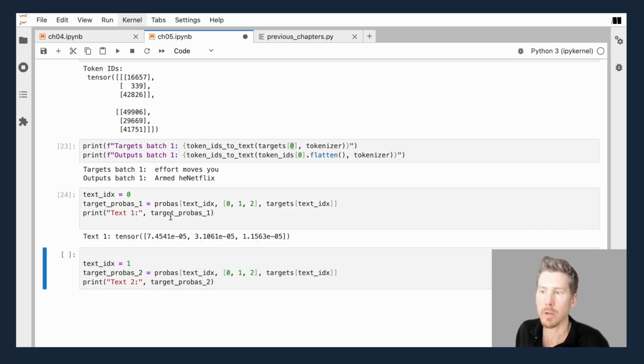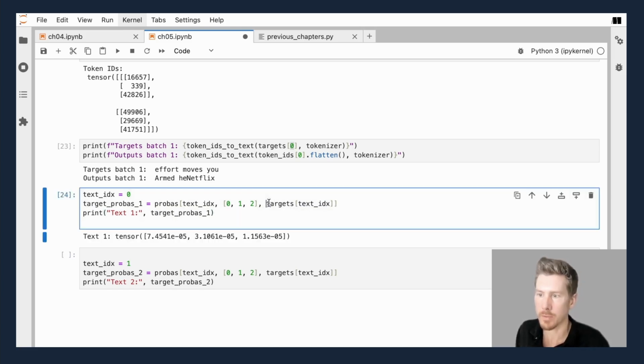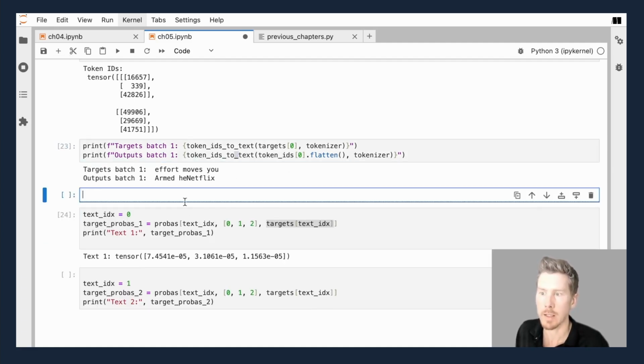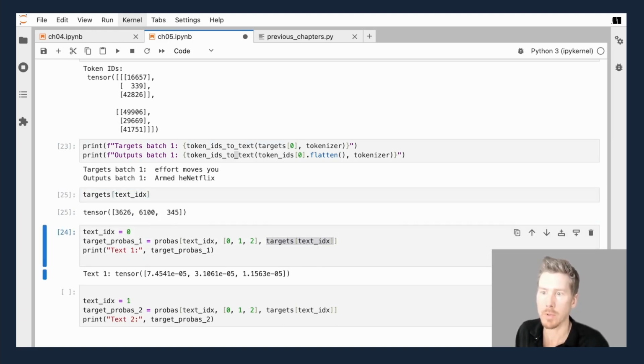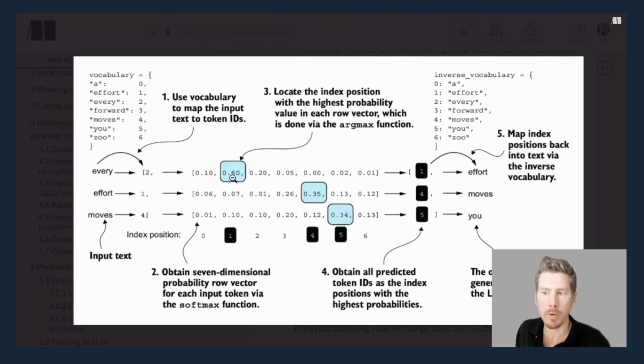So here, what you can see now, when I said targets, I'm meaning the IDs. So for each of the 3 token positions, I'm getting the target indices. So I'm looking up, maybe one step back here. Here I'm looking up the highest probabilities because that is what we are generating.